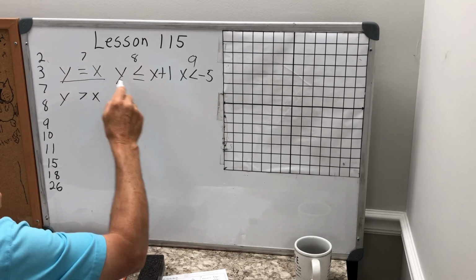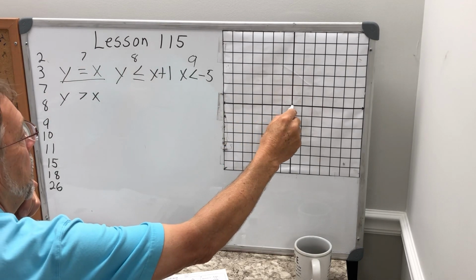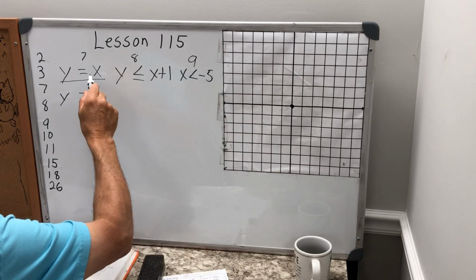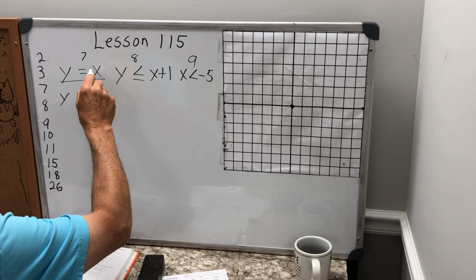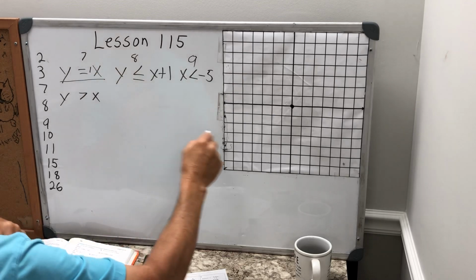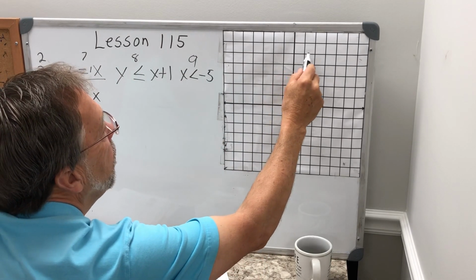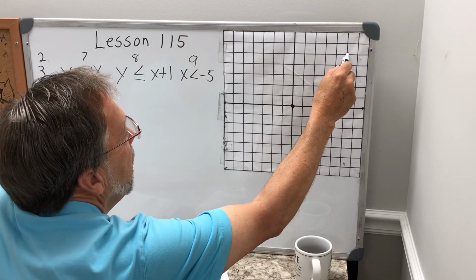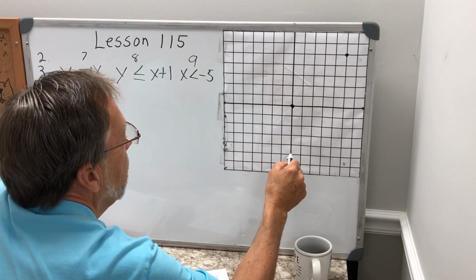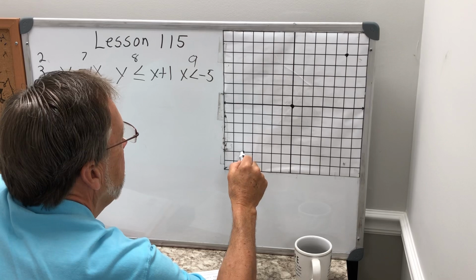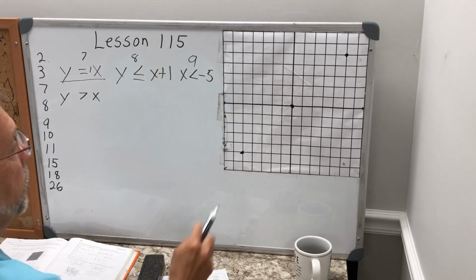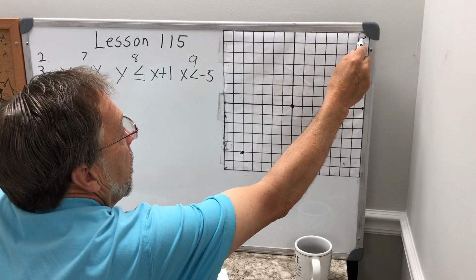This has no number, so we would start off on the 0. Do you agree with that? And there's no number in front of this x, but that's understood to be a 1, so it's a 1 over 1. We can count a bunch, 1, 2, 3, 4, 5, 1, 2, 3, 4, 5. And it is going uphill, so we did that right. Here is our graph.